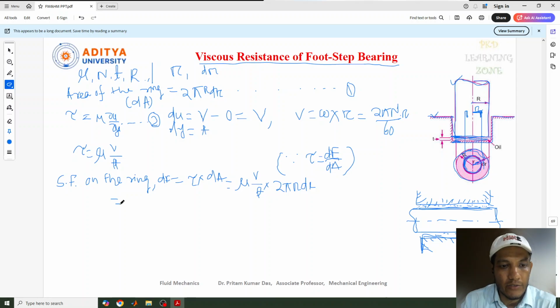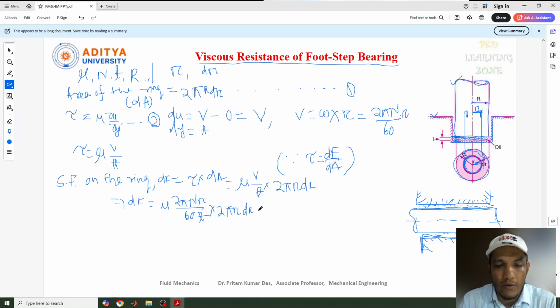Now I can write dF equal to mu, and the v value is 2 pi n r by 60, divided by t, into 2 pi r dr. The 2 and 4 get cancelled, and multiplying everything we finally get mu by 15t, pi square, r square, n and dr. These are the values for the shear force.